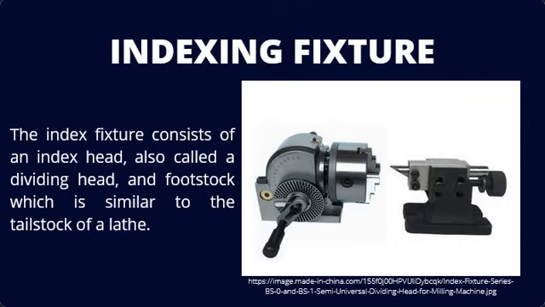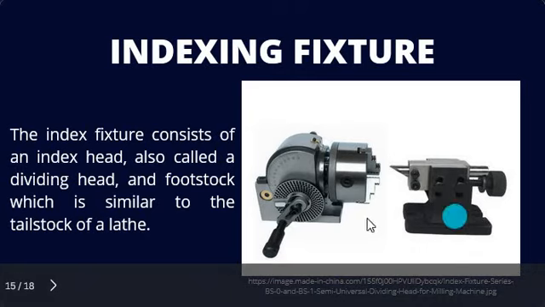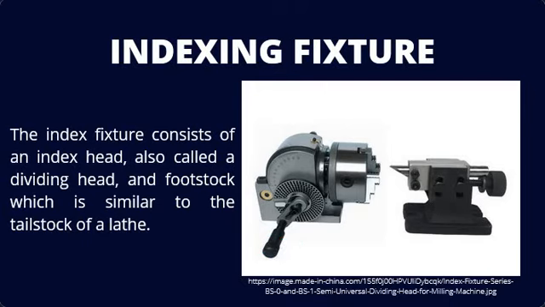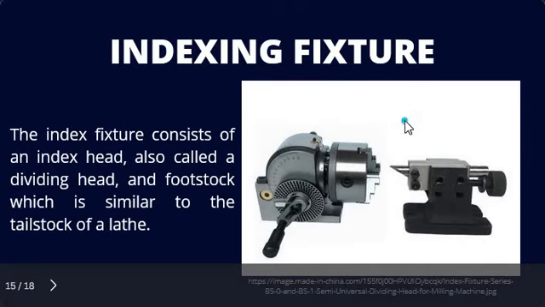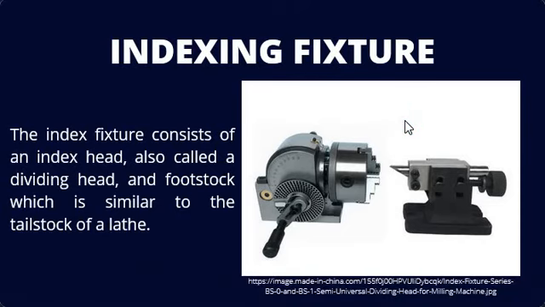So for cutting every tooth of a gear, this is what is used for perfectly dividing those teeth on its whole periphery. The usual formula for this indexing head is 40 over n, where this formula is equivalent to the number of turns. So number of turns is equivalent to 40 over n.